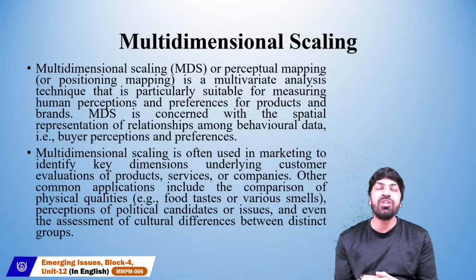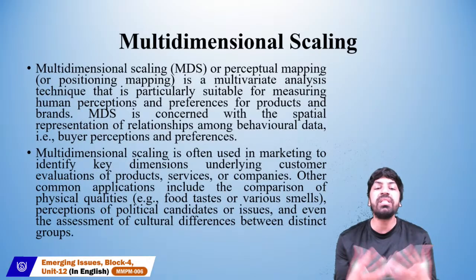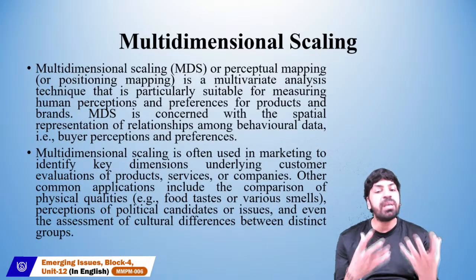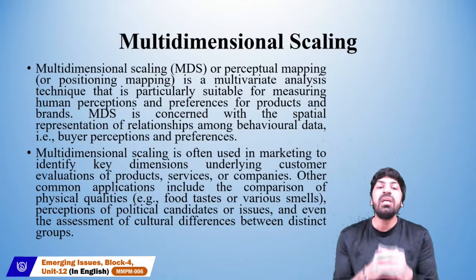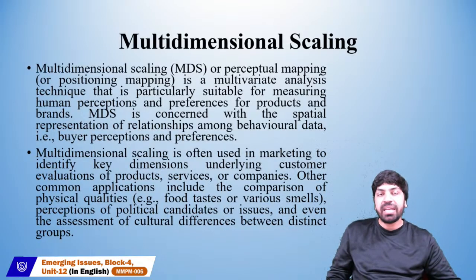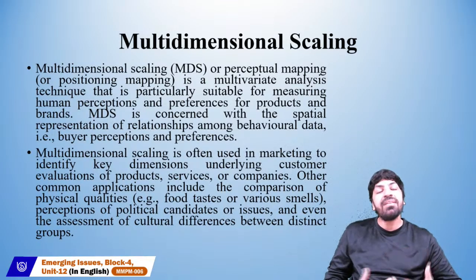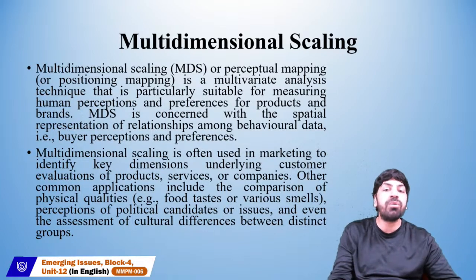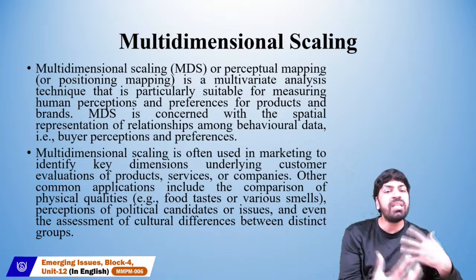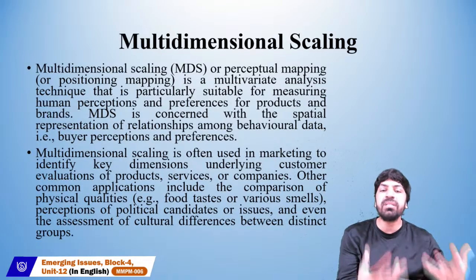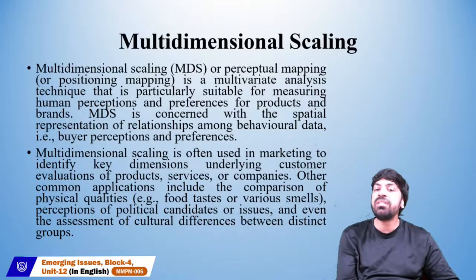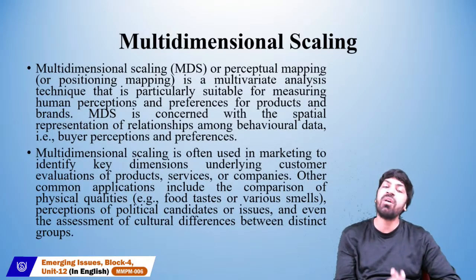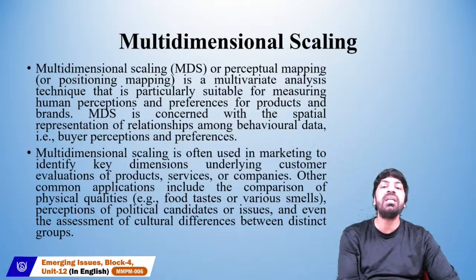A common application is how we compare the physical qualities and the perception of potential candidates and issues, or political candidates, and how we can assess the cultural differences between different groups as well. So when we study different groups, different perceptions, tastes, and preferences towards products and brands, we always use multidimensional scaling.